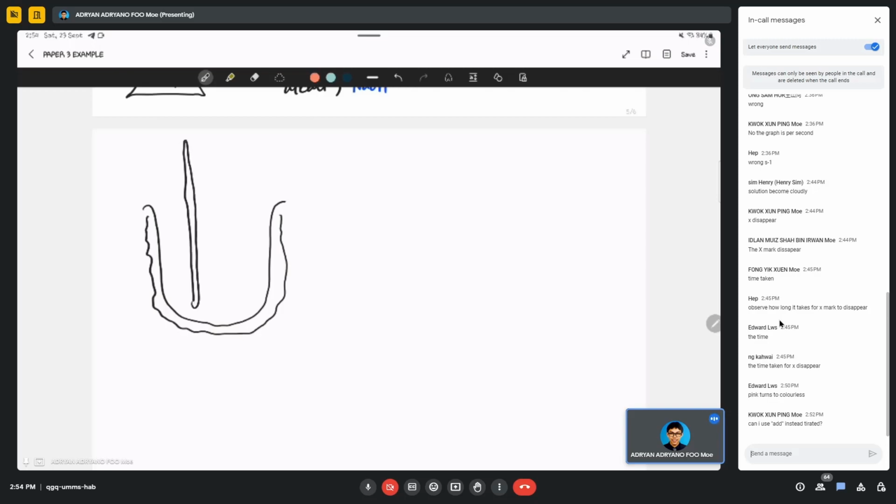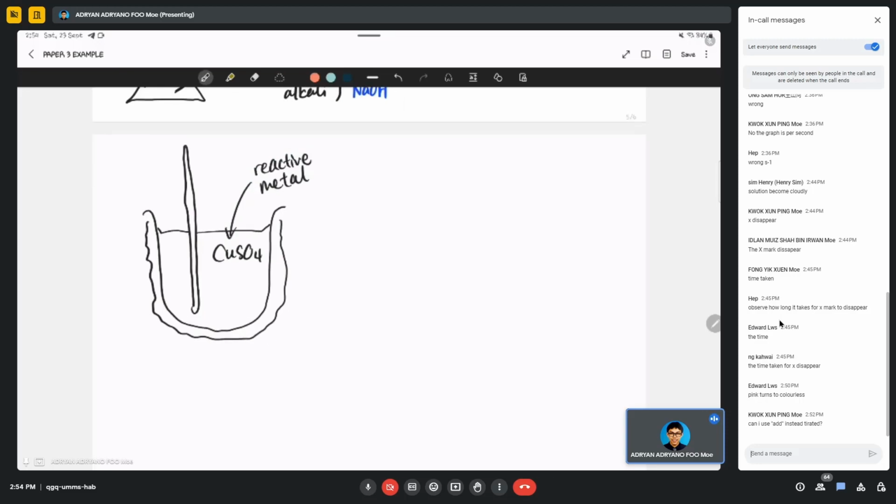Okay, and then you have a solution, for example CuSO4, and then you add a very reactive metal in. What do you observe?